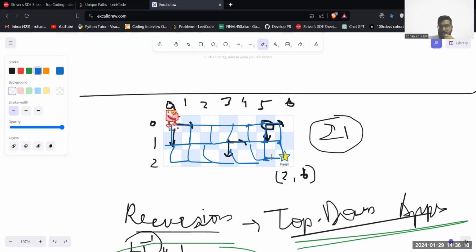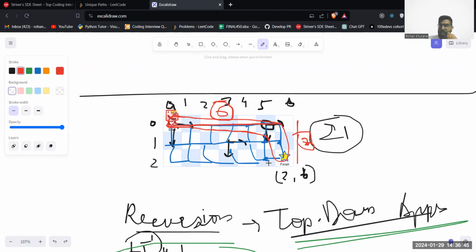So these many situations are there. Let's just take this path, a simple path. How many steps did we take? One, two. So two steps. Then one, two, three, four, five, six. Six steps here.